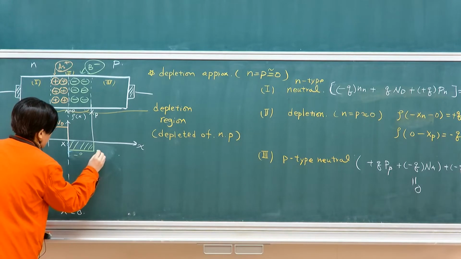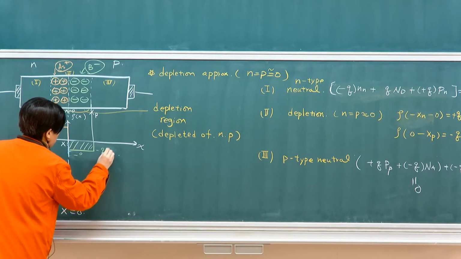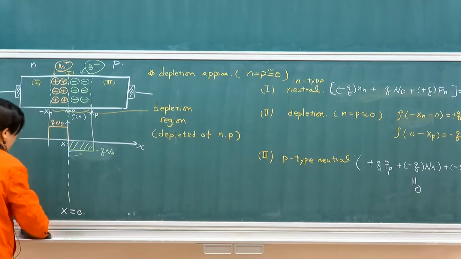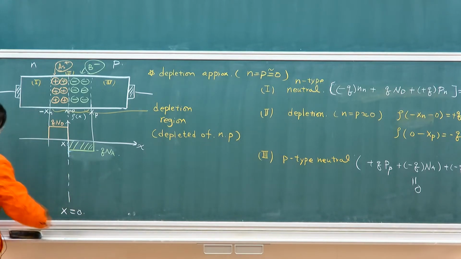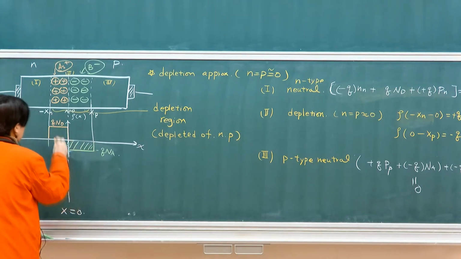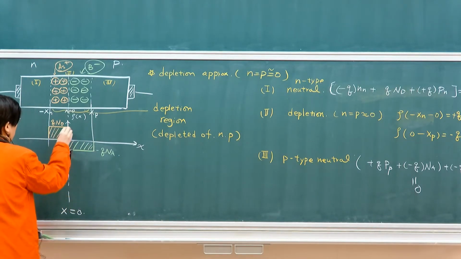So the level itself will be minus q Na. This implies that the total net charge on the P side should be identical to the N side.